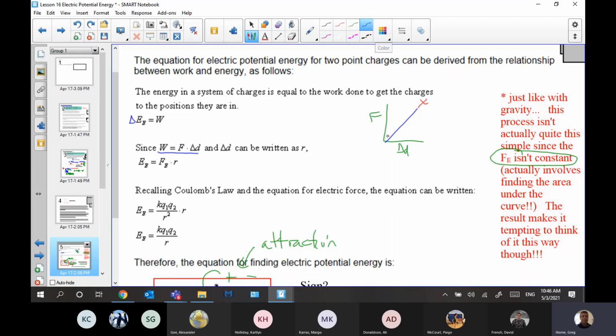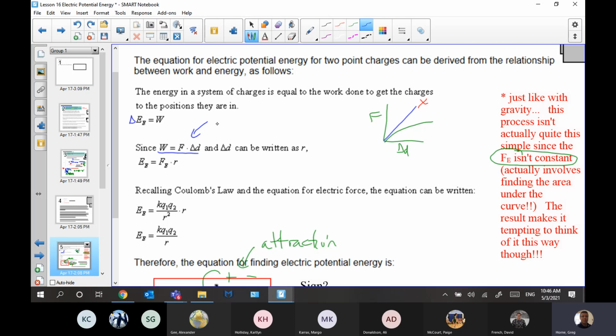Instead, the electric force is going to taper off to smaller and smaller values. So let me use maybe a green one here to show what really is going on. If you remember from grade 11, we like to calculate areas under curves, right? So this is kind of like length times width here.